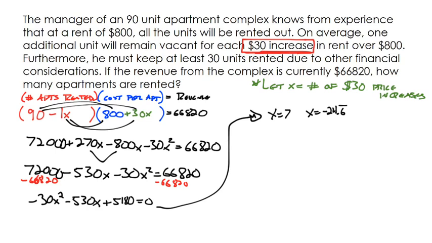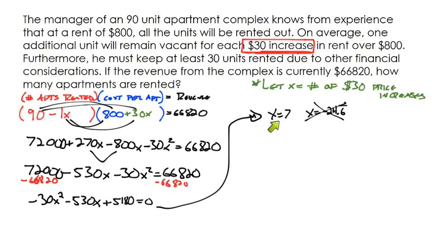That would mean we discounted our rent by almost $720, but we would need so many people for that to equal 66,820. Since we know we have a maximum of 90 apartments, this basically is not feasible. I know my explanation on why we're throwing that out wasn't super smooth, but we're going to throw that one out. So in order to get this much revenue, we had 7 price increases.